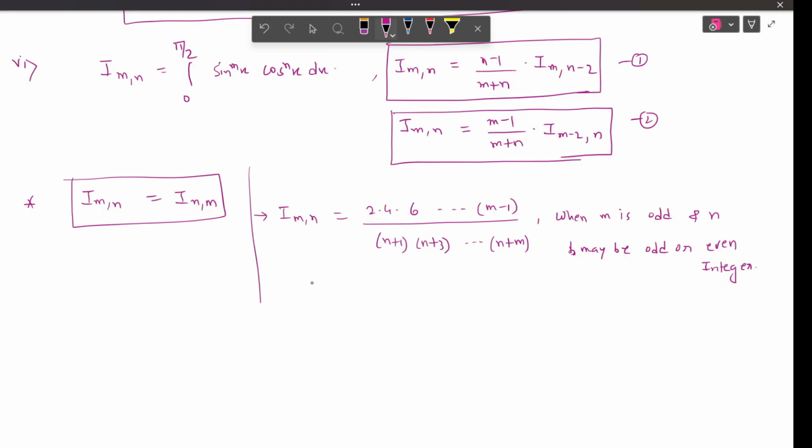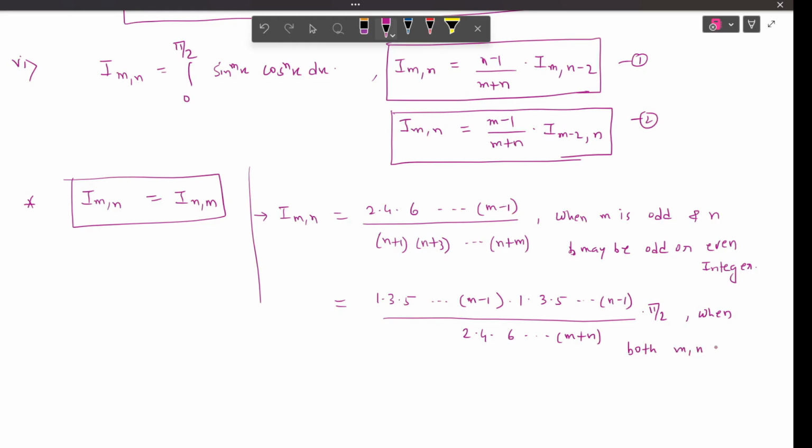And this will be 1, 3, 5 up to m minus 1 into 1, 3, 5 up to n minus 1, upon 2, 4, 6 up to m plus n into pi by 2 when both m and n are even integer.